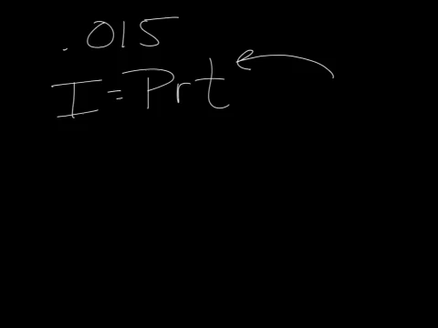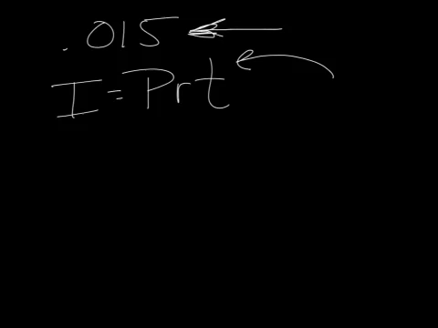Now, our formula for interest is interest equals principal times rate times time. Now, in simple interest, the time is in years, but we've already dealt with the time because we've taken our interest rate and we've used the time.